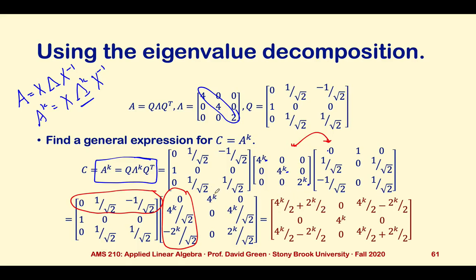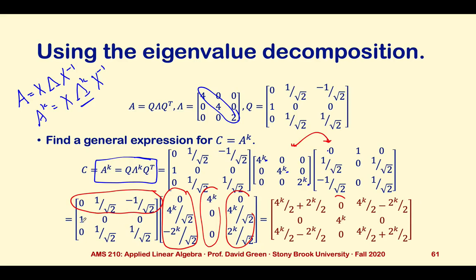The first row times the second column is 0 times 0 times 0, giving us a 0 here. Our third entry of the first row is 0 plus, again, 4 to the k over 2, and in this case minus 2 to the k over 2.